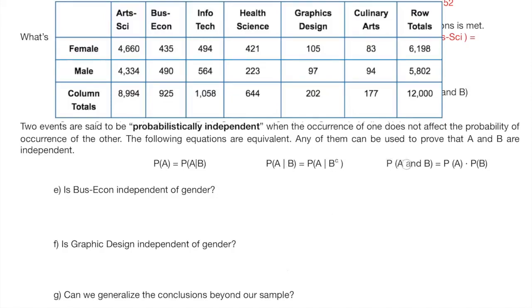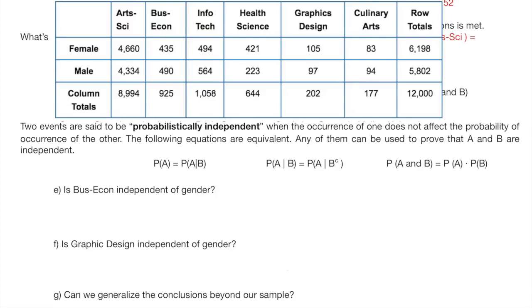The third equation is the hardest to explain or to interpret. Usually, we don't use it to prove independence, but to calculate joint probabilities when we already know that the events are independent. If the events are independent, the joint probability is simply the product of both marginal probabilities. We'll see this in the second part of this class.